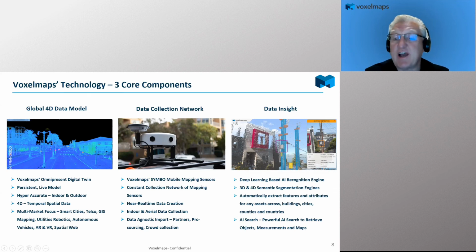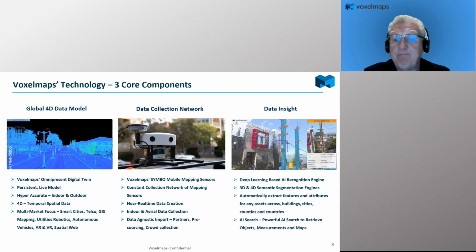In terms of the data insight, this is the back end of our system, which we call VMAS, and it's a deep learning-based AI recognition engine. It supports both 3D and 4D semantic segmentation, basically training objects. We've already done a lot of training to create what I call feature classes, basically objects that can be automatically identified, so utility poles, lights, or assets on the poles like conductors or closers, things such as that.